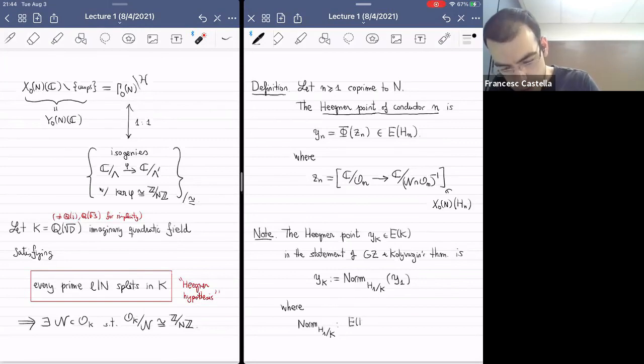We take the sum over the conjugates. Okay, so H_1, which is the ring class field of conductor 1, or equivalently the Hilbert class field. In other words, the Hilbert class field. And this trace map just takes a point and sums over all the conjugates of it.